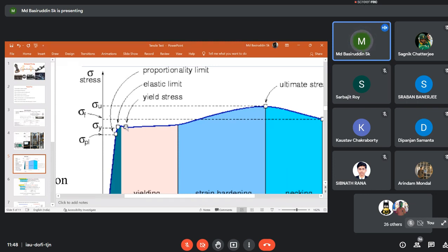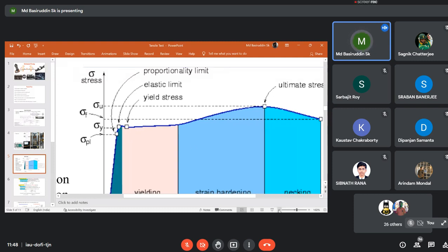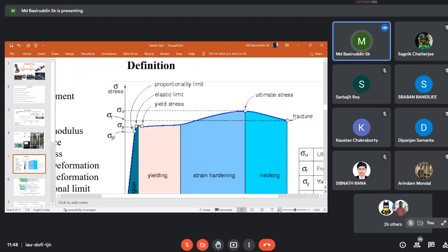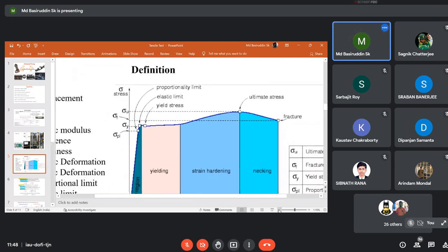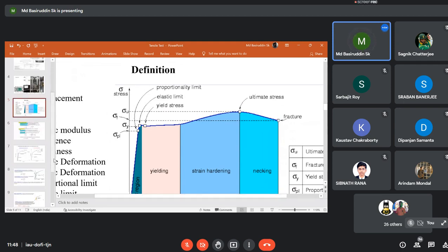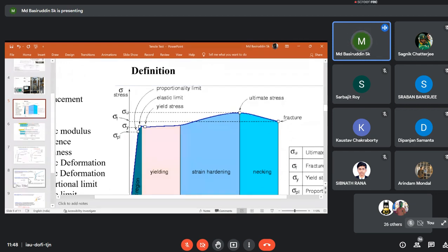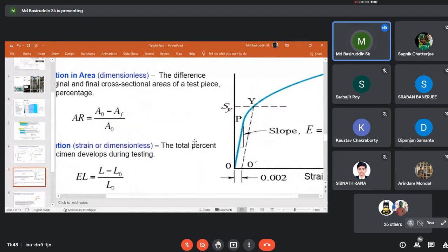Now, when we compare the stress strain curve for different materials, in this particular graph it is quite visible from where the material starts to deform plastically, right? But in certain cases, it will be very difficult to differentiate the position.